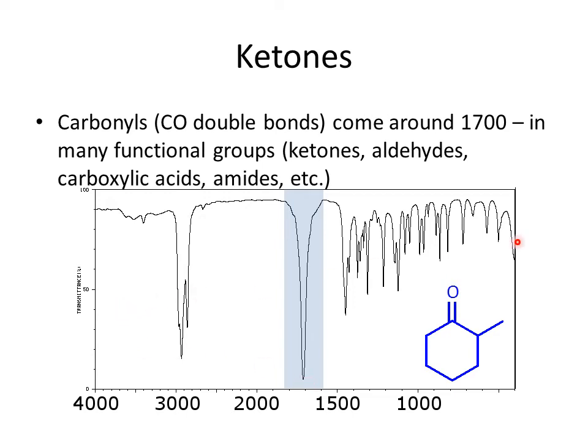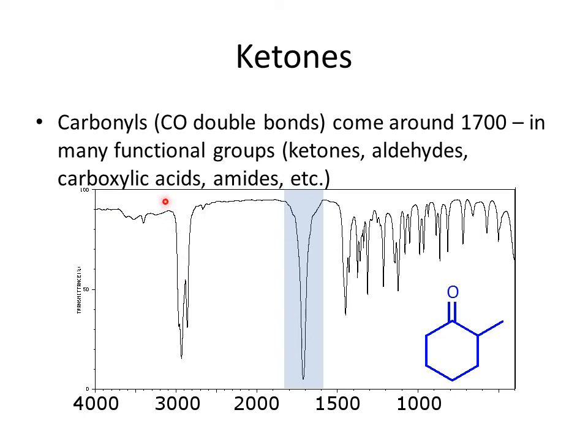So for instance, this is the spectrum for methyl cyclohexanone. You'll notice this molecule has a signal just to the right of 3000, because if you look at the molecule, there's CHs on these sp3 hybridized positions. It does not have any signal just to the left of 3000, because there is an sp2 hybridized carbon here, but there are no hydrogens on the sp2 hybridized carbons.